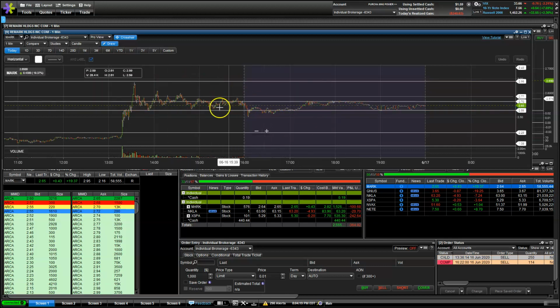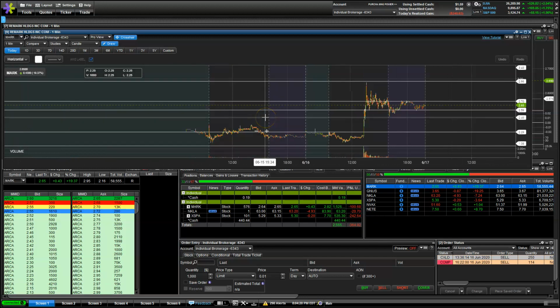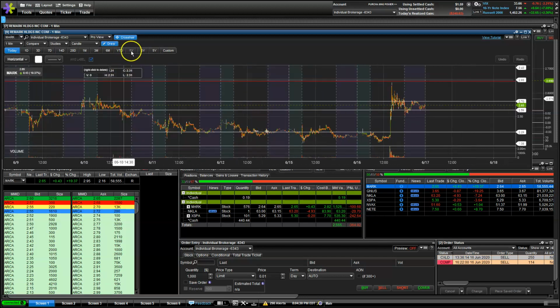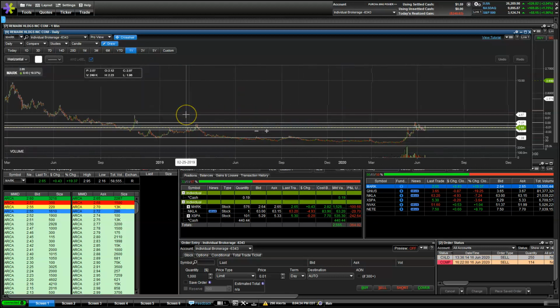So whenever you're looking at key levels, that's when you want to know whether it's a good idea to buy or sell. Right now with Mark, I'm considering it as a long-term swing trade. Going back to the 1 year, I want to sell it at this level right about here.